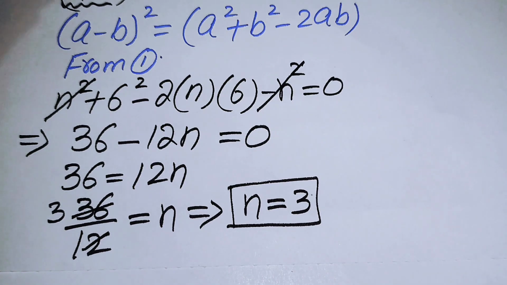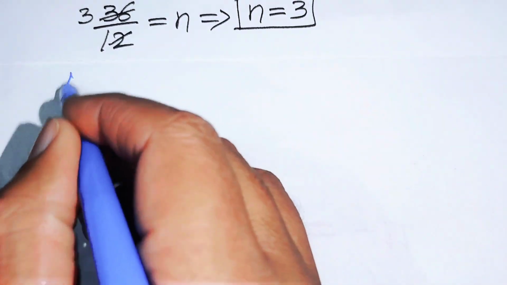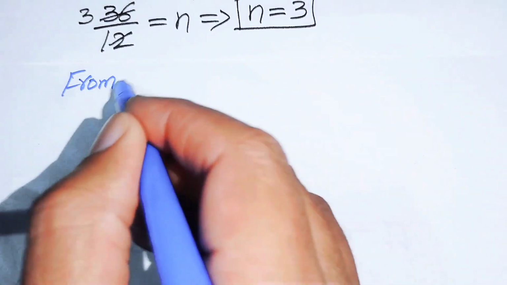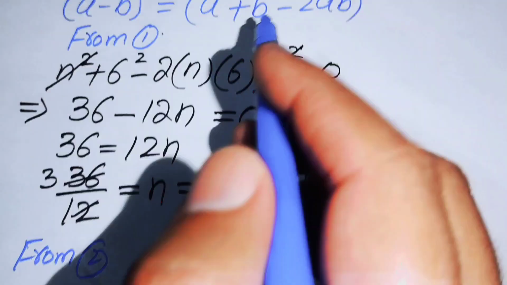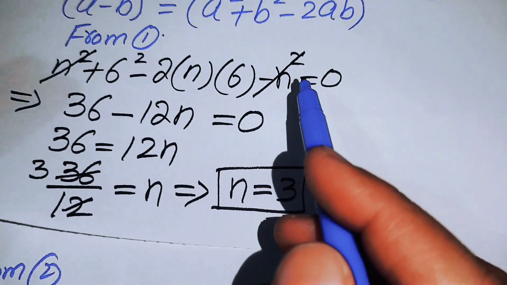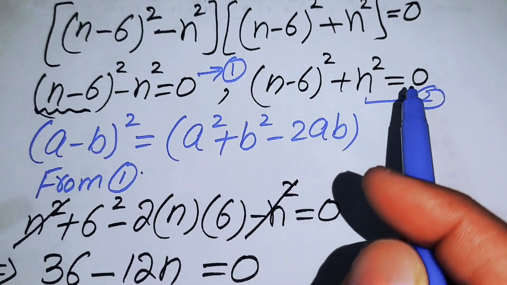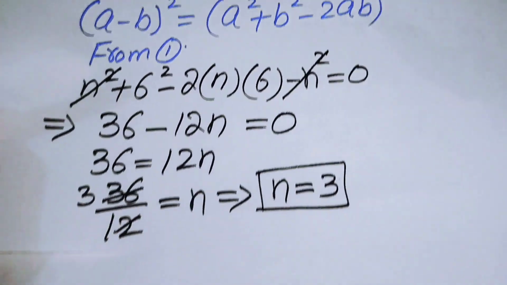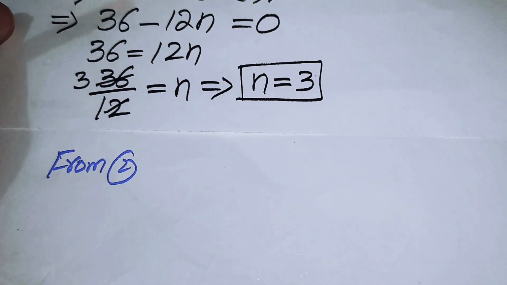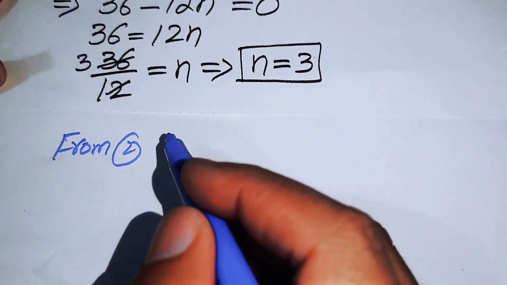And now we can solve our second case. In case number 2, our equation looks like this: (n minus 6) squared plus n squared equals 0. Now we write this equation here, and we can find the values of n.